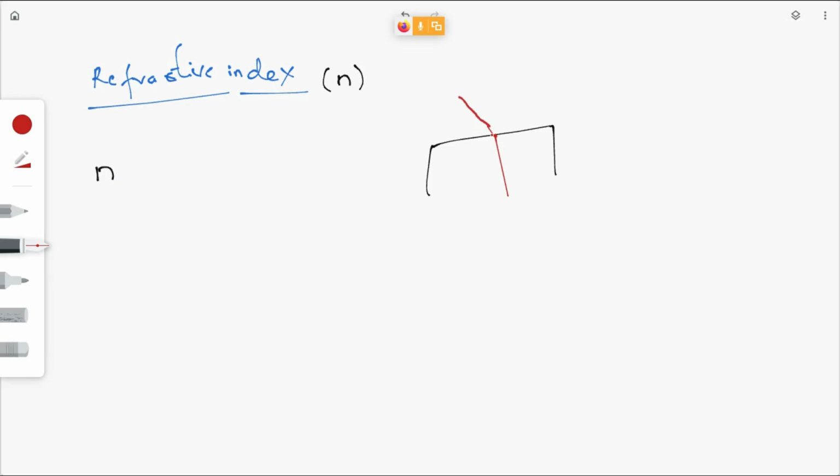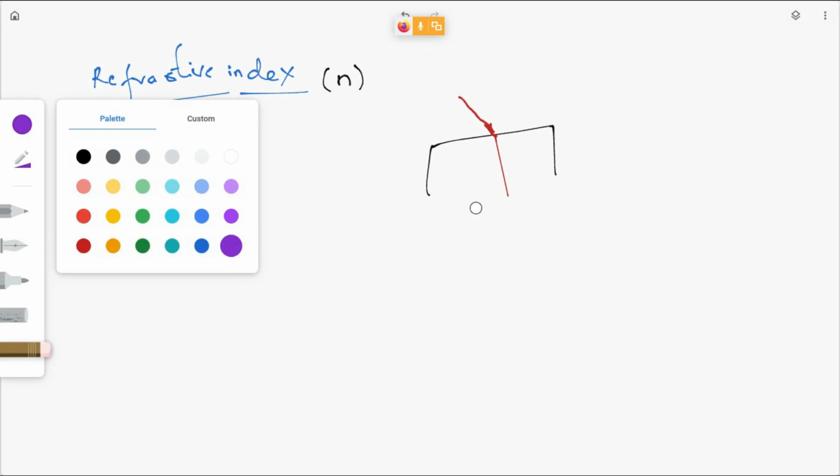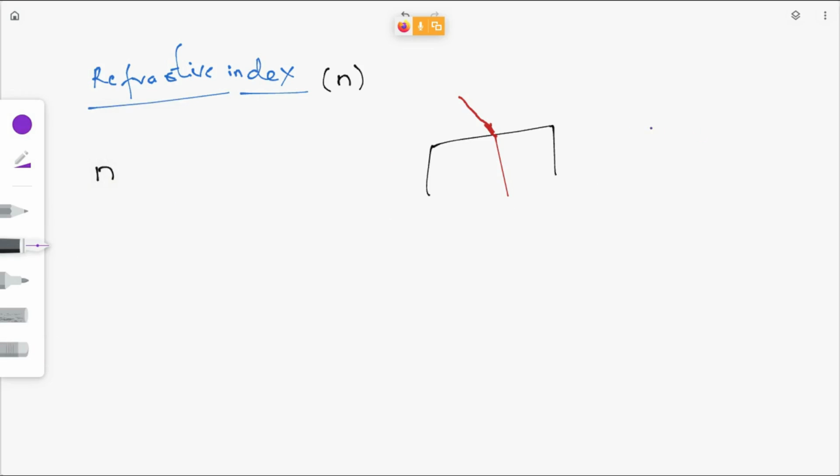So this refractive index will tell us this bending, whether it is towards the normal or away from the normal, it doesn't matter. This refractive index will tell us the bending of the light ray.